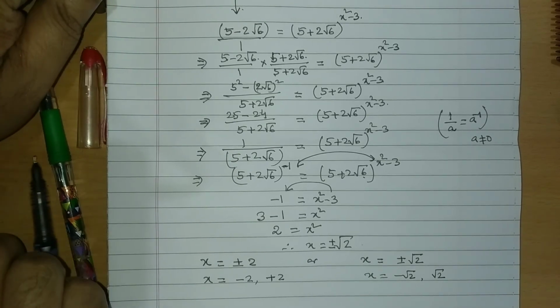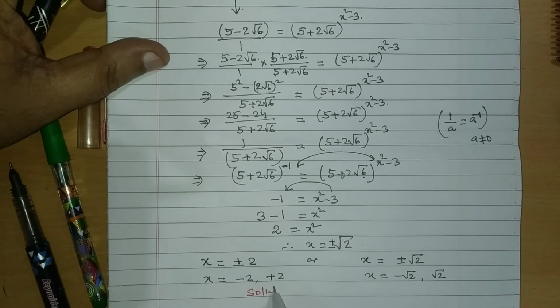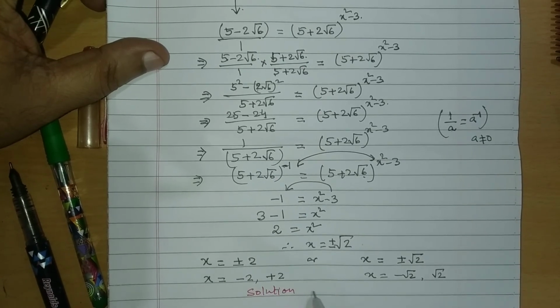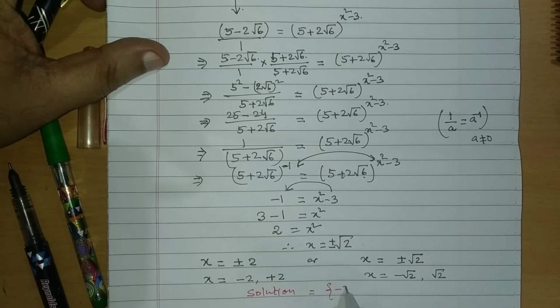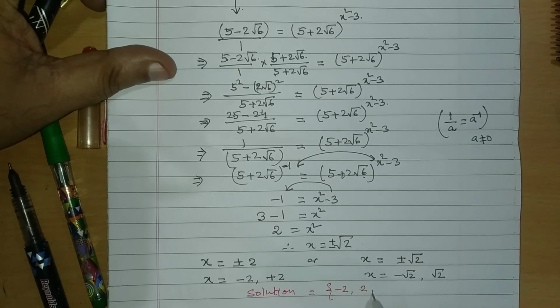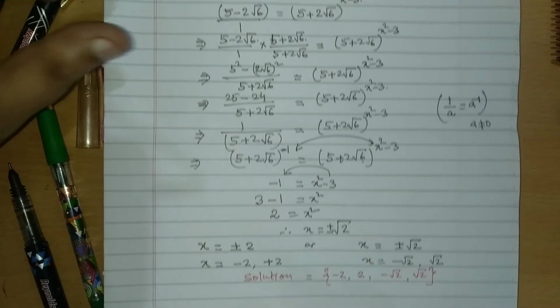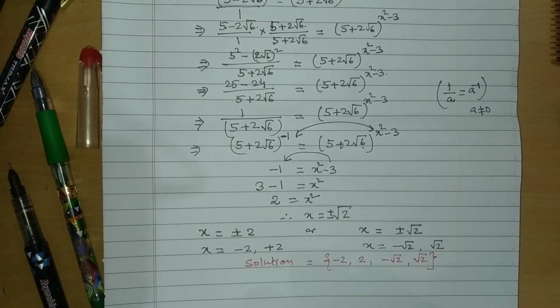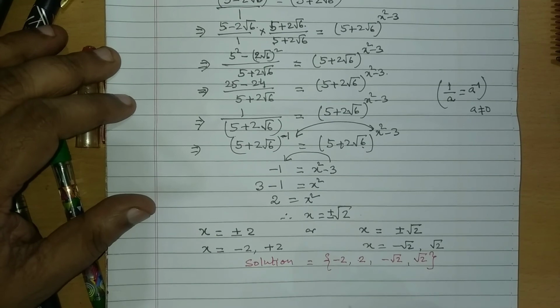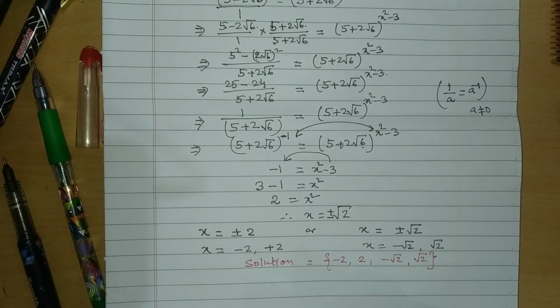So therefore the solution of this equation will be minus 2, plus 2, minus root 2 and plus root 2. So these are the solutions. Hope it is clear to you. This is a little bit typical, but it is understandable to all up to 10th standard as well as 11th standard.